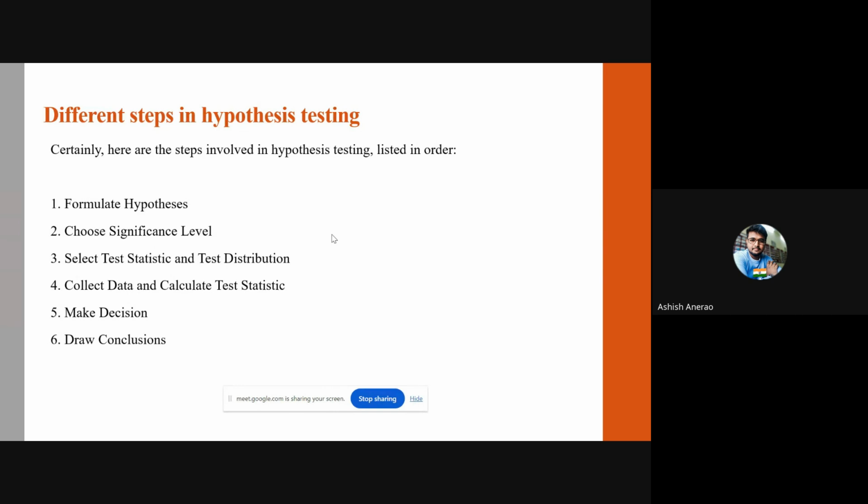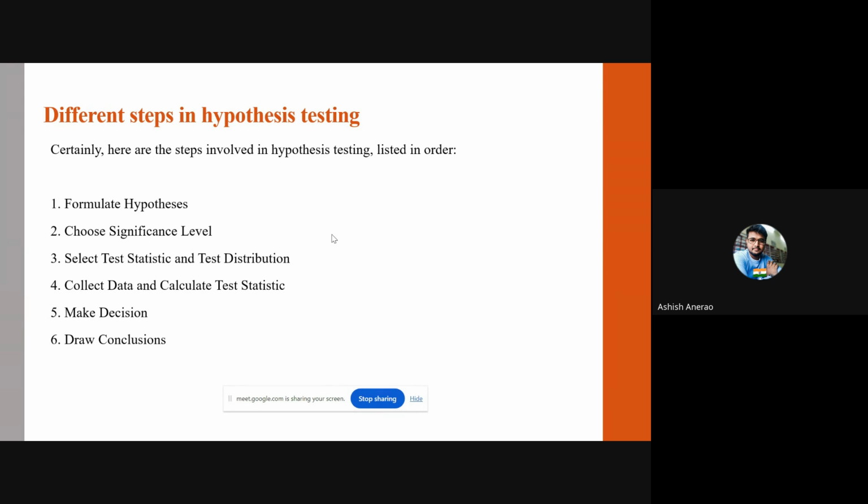Okay, so we find some standard values, and if that standard value is less than our calculated value that we calculated using the test statistic, then we reject H0, or we make a decision to reject H0 or accept H0, that we decided in the first step, what is the hypothesis. Okay, and if that standard value is greater than our calculated value, that time we accept H0, meaning whatever we assumed, with 95% confidence, that's the true thing. Okay, so this is about making the decision.